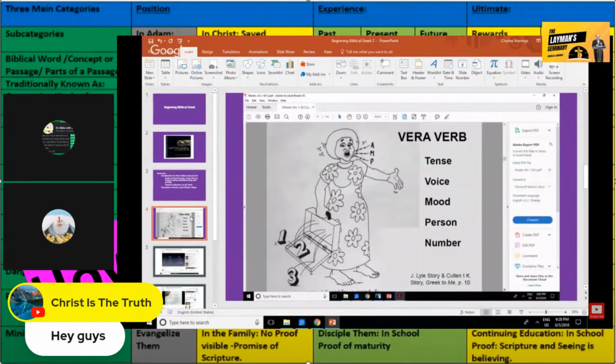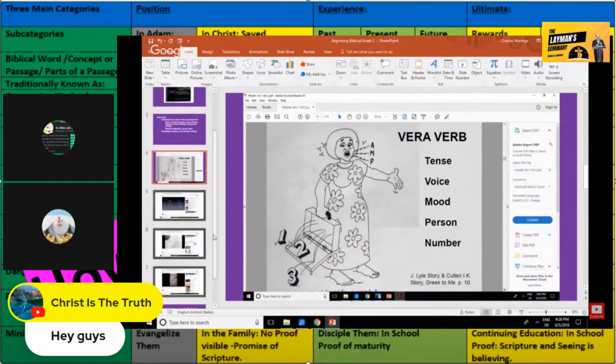Okay. So this is the funny picture I was telling you about. I was first exposed to this while taking Turbo Greek under Dr. Wicker's class at Southwestern. What we have right here is Vera Verb. I'm not a good storyteller, so just bear with me. Here's Vera Verb, and you see she looks pretty tense. I mean, she's sweating.